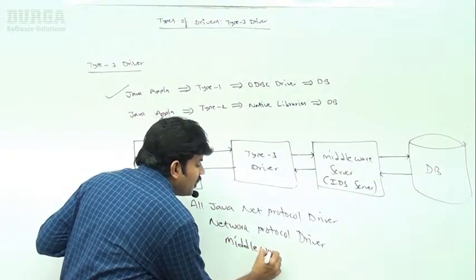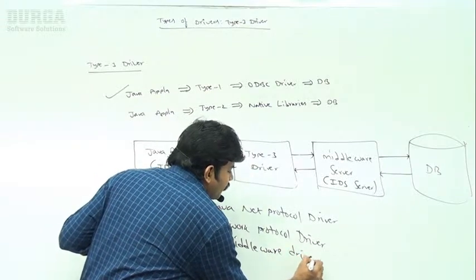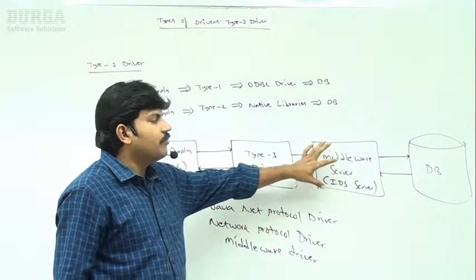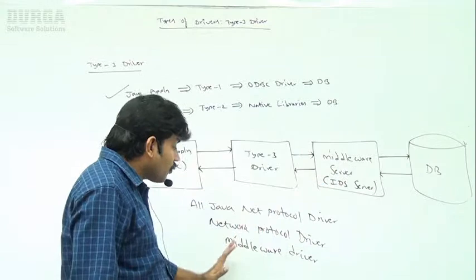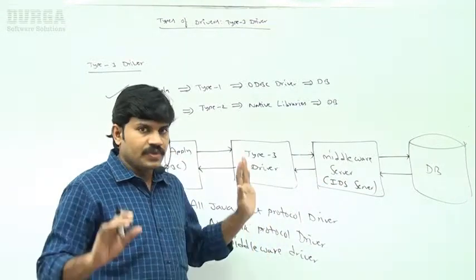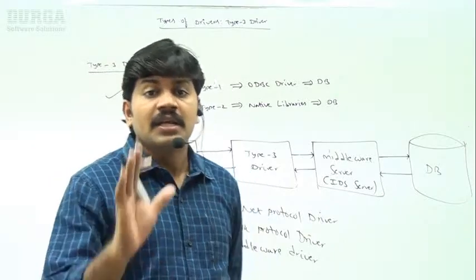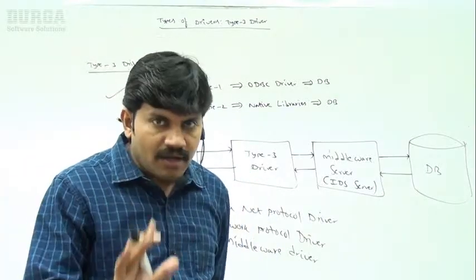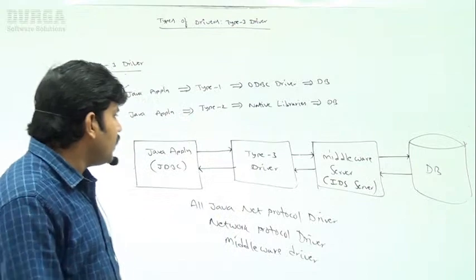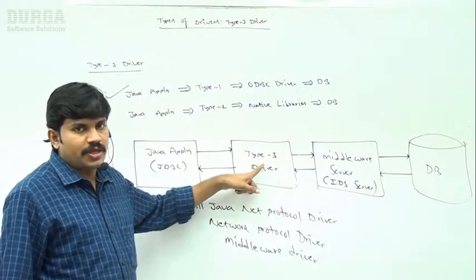What is the other word, sir? Middleware driver, because internally it uses what? A middleware server. That's why it is also known as the middleware driver. Clear for all of you? Sir, if any person asks, can you please explain the architecture and functionality of the type 3 driver, then immediately you should be in a position to explain this, sir.